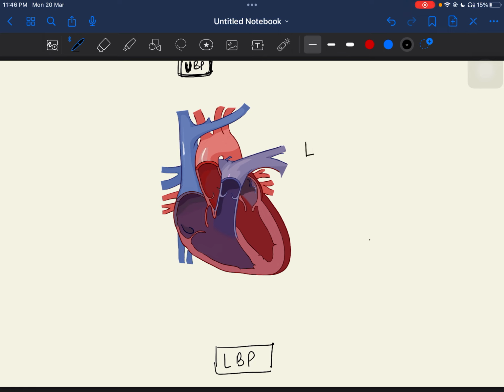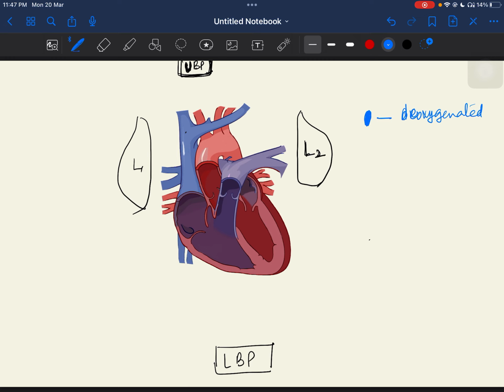So here is L2, the lung 2. Here is the L1, the lung 1. Okay. So here the blue part donates the deoxygenated blood.